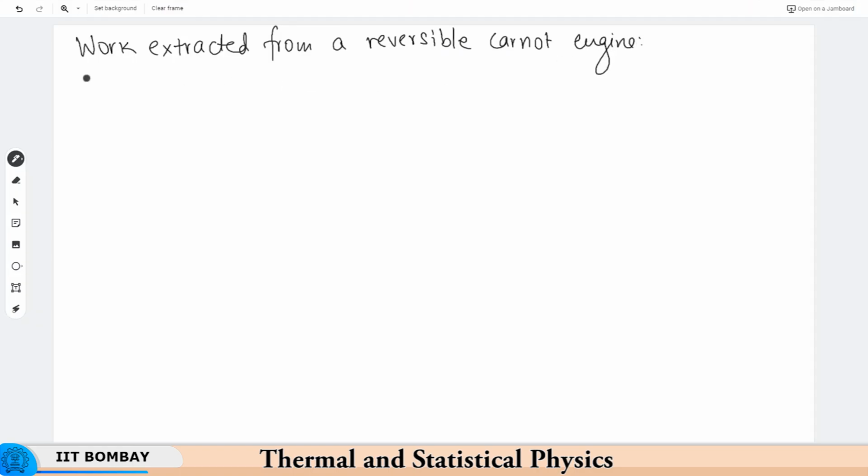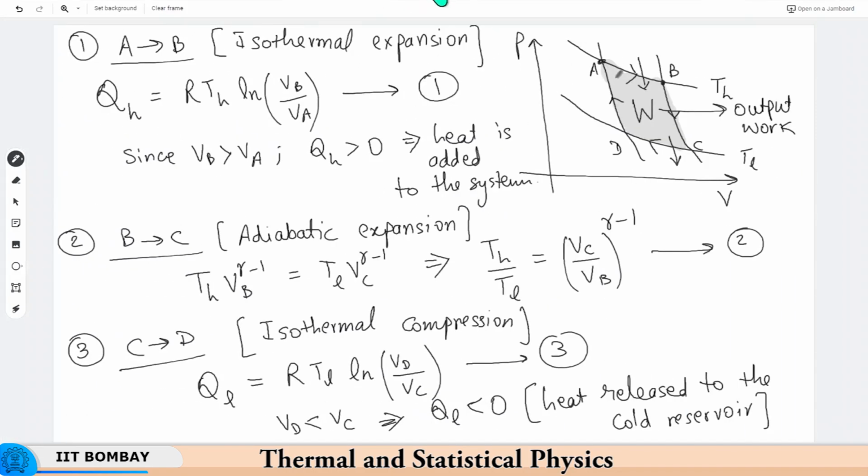So, let us do that exercise. So, basically work extracted, I will stress again, from a reversible Carnot engine. And basically the total work that we will be extracting, that I denoted by a symbol W, is the total sum of work in every single step.